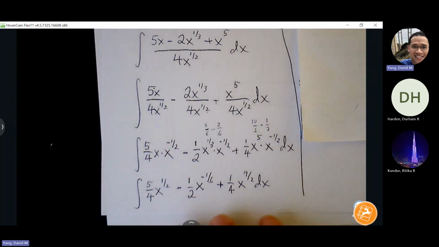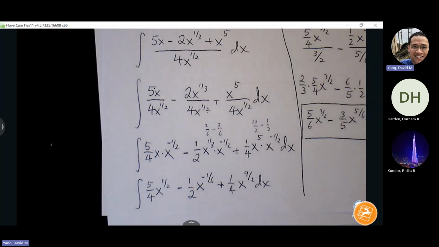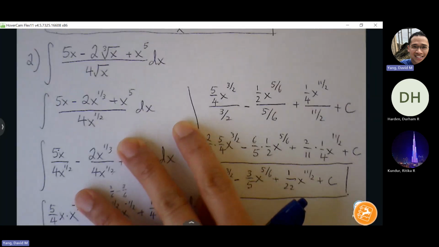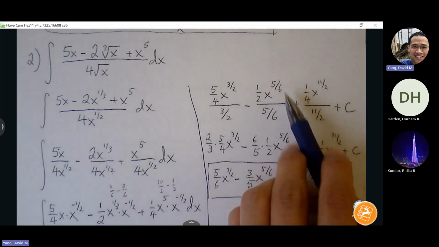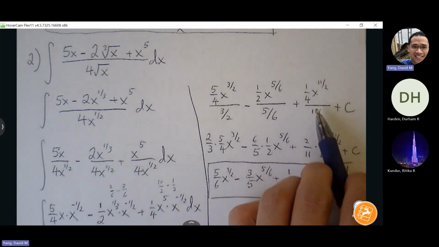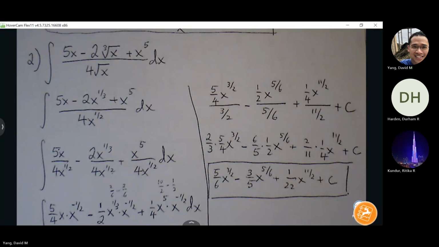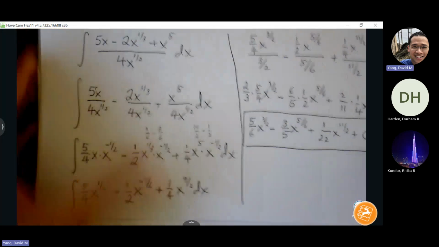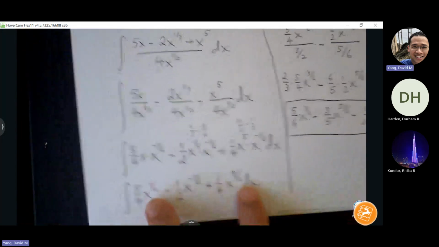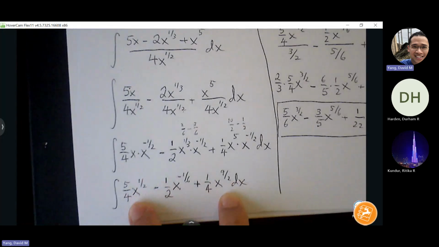Okay, I want to talk this through first so that we're clear as to where these numbers are coming from. So the 3/2 is showing up here, 5/6, 11/2. Which part? Okay, so here we are adding 1 to the exponents.